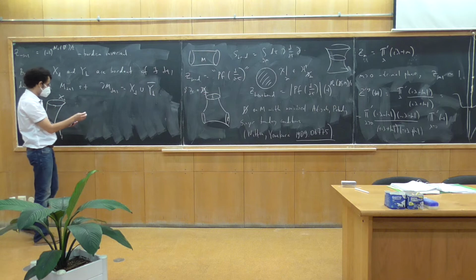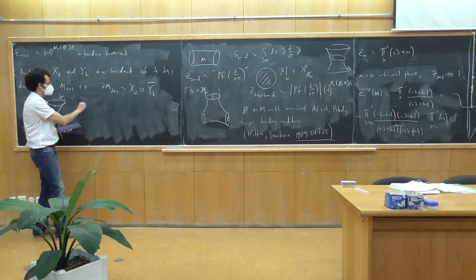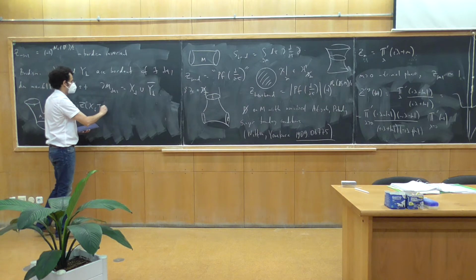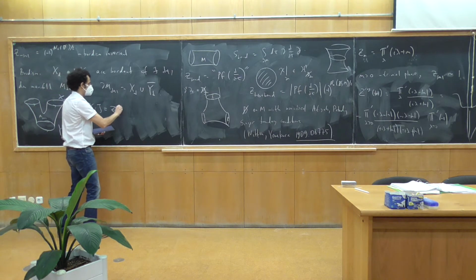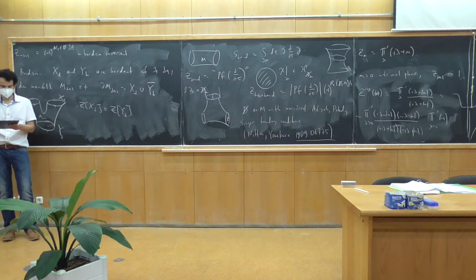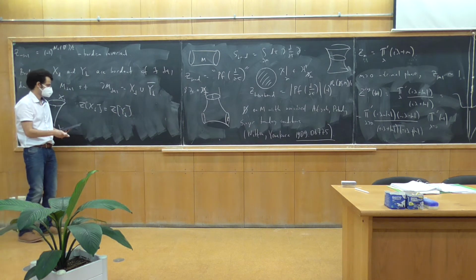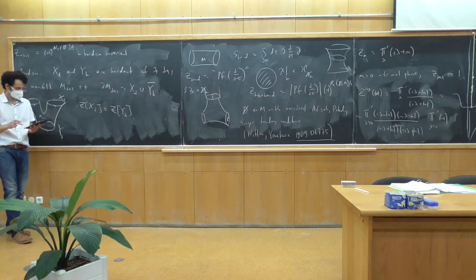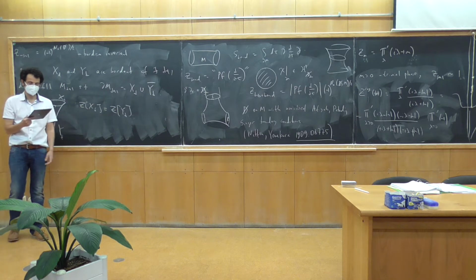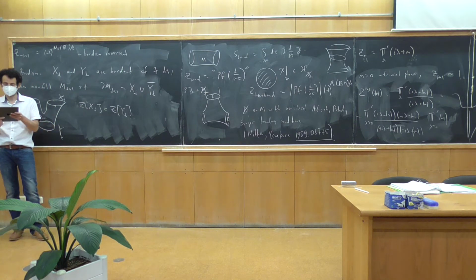So we say that the partition function is a bordism invariant if Z of X_d is equal to Z of Y_d when X and Y are bordant. And it's actually believed that bordism invariants classify all invertible gapped phases.